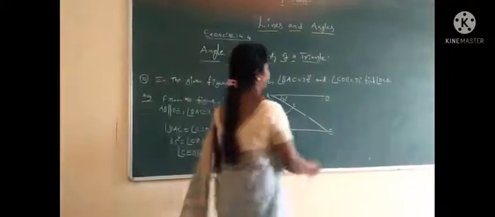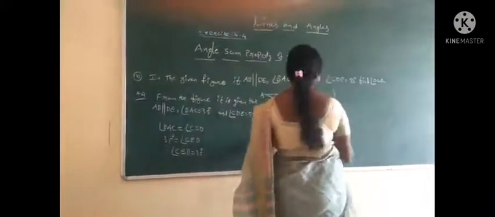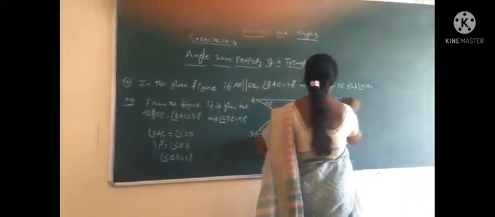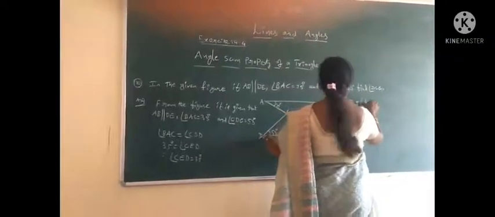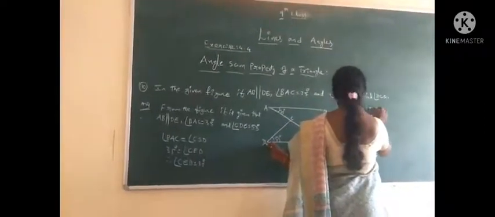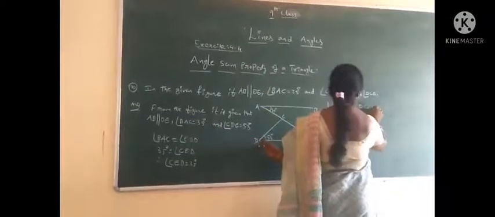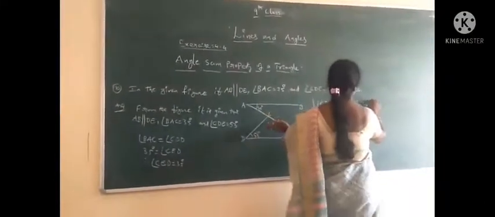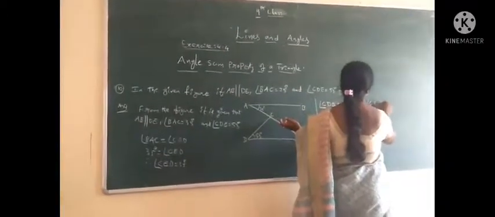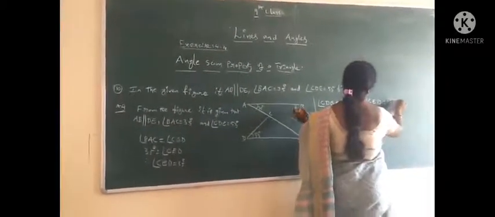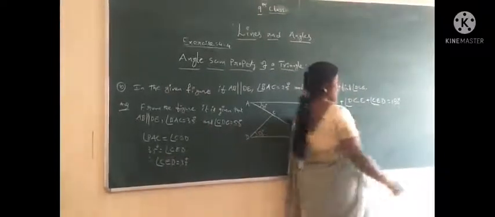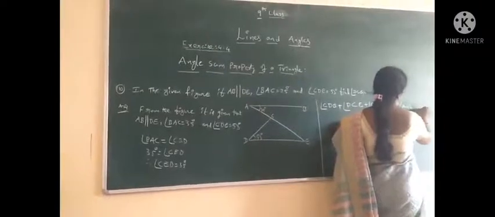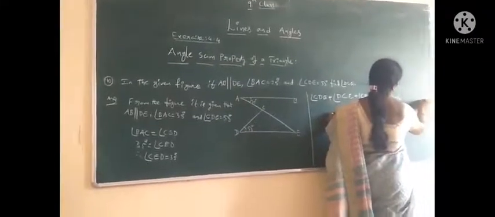So, angle CDE plus angle DCE plus angle CED is equal to 180 degrees.